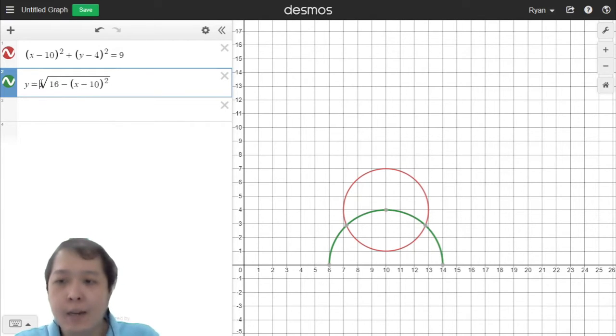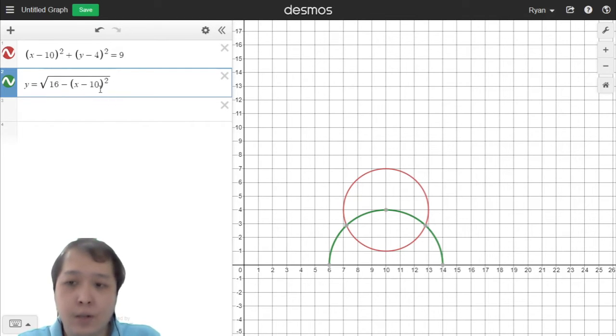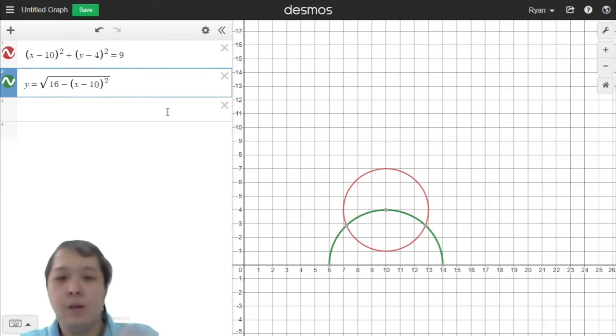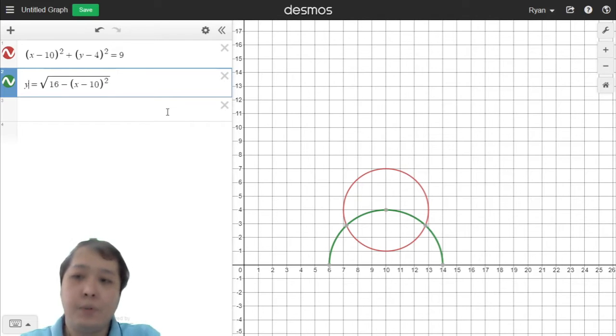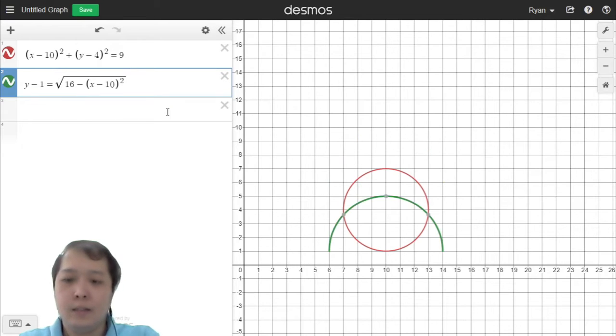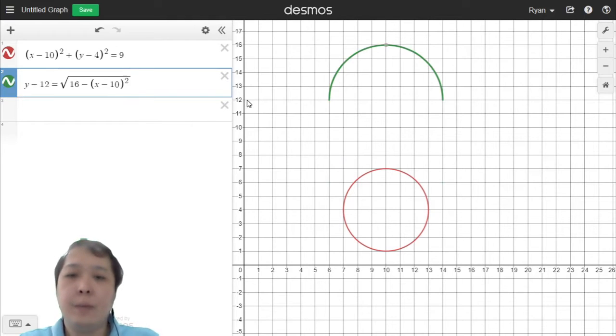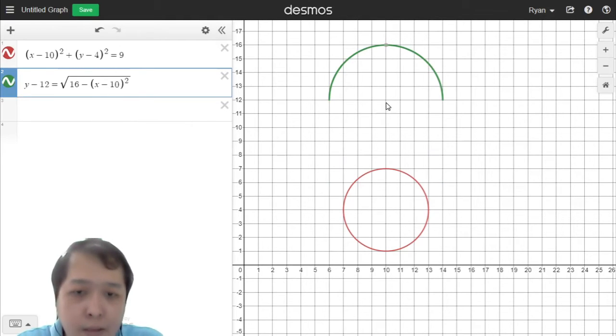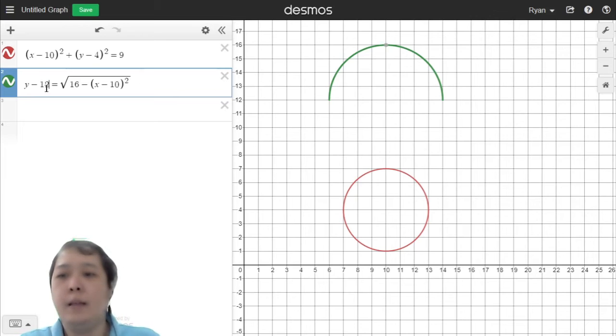Okay, and the center is obvious here. It's (10, 0), because I put minus 10 here, and I did not put anything around the y, so the y part of the center will be 0. Now, what if we want to move this vertically, up or down? Just do this. Let's make it 12. Y minus 12 means the y part of the center of the circle will be 12, right?